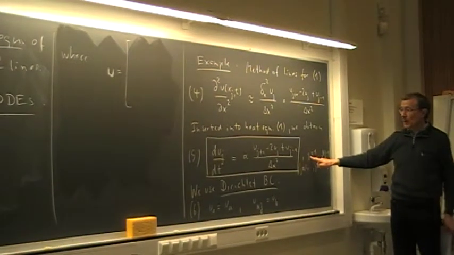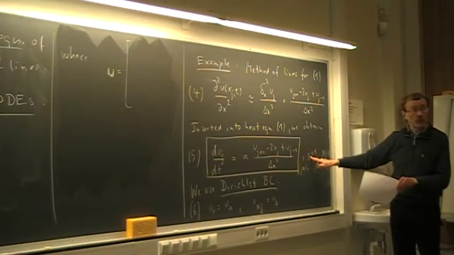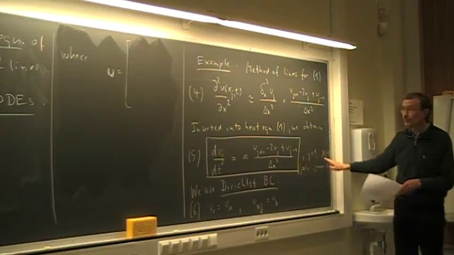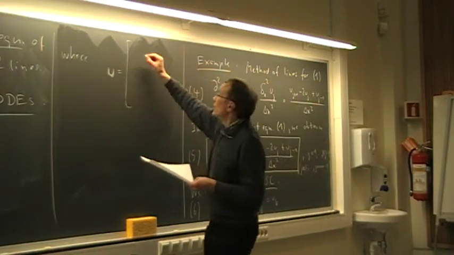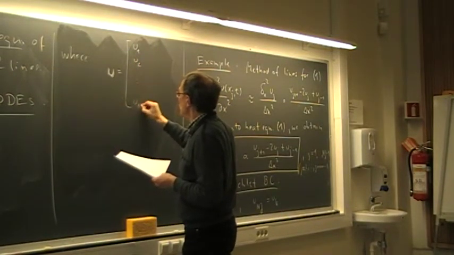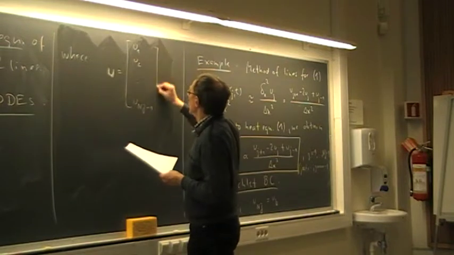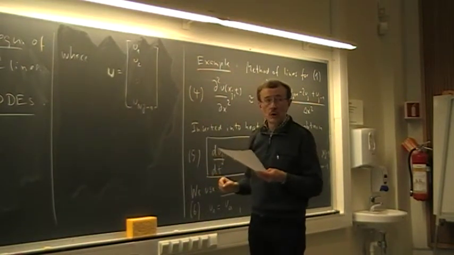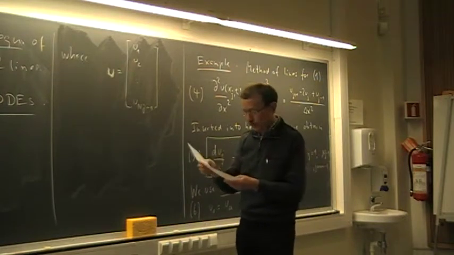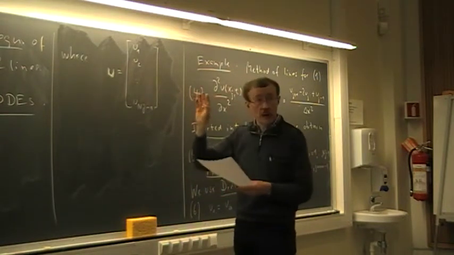Our unknowns are the values at the grid points. From that notation, they go from 1 to nj minus 1. So they are u1, u2, and so on. The last one is u nj minus 1. So that is the vector of our unknowns, the values at the grid points. And they are all time dependent.